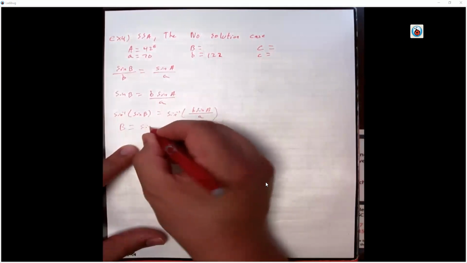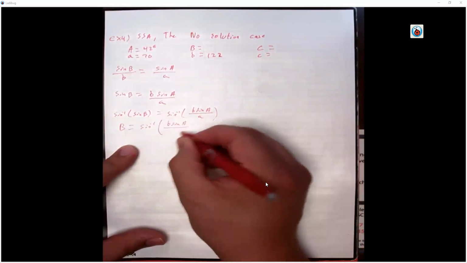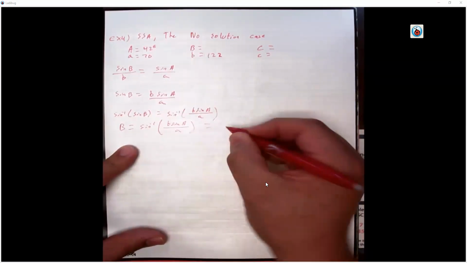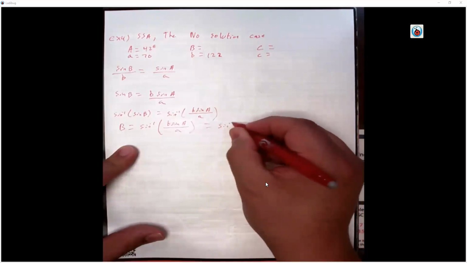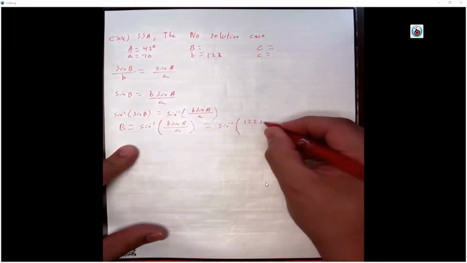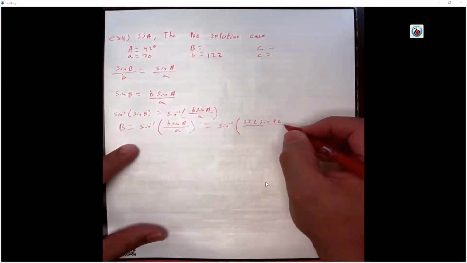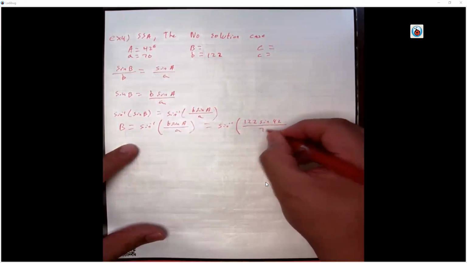So B is sine inverse of b sine A over little a, which would be sine inverse of 122 sine 42 over 70.